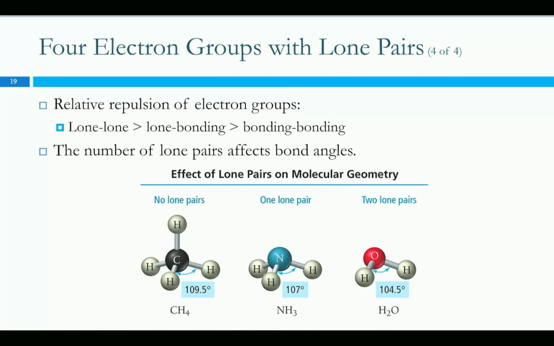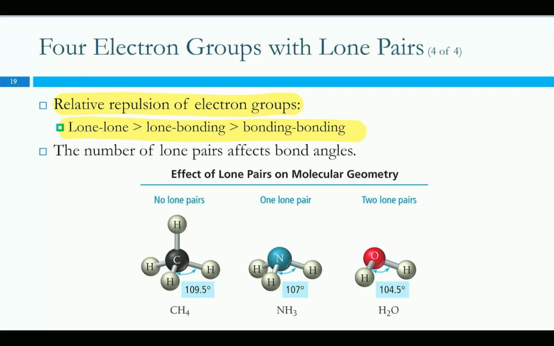So this will become even more important later. This relative repulsion of electron groups is the reason that we get smaller bond angles between the hydrogens as we add lone pairs. Because the lone pair repulsion is the strongest, the lone pair to bonding group repulsion is stronger than bonding to bonding. So if I have lone pairs on there, those interactions are less favorable than between bonding groups.